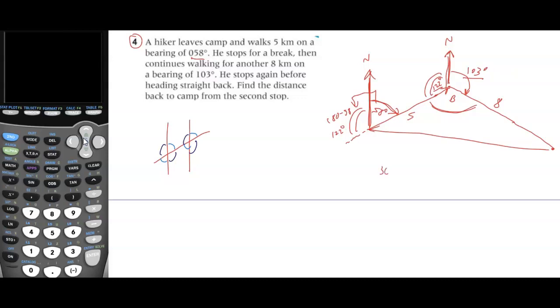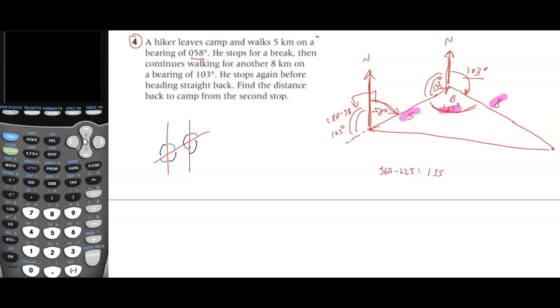So 360 minus 225 is equal to, let's see, 135. So this angle here is going to be 135 degrees. Okay, so now we know this angle, 135 degrees. We know that this side is 5, and we know this side is 8.